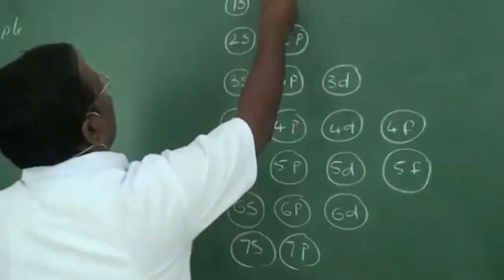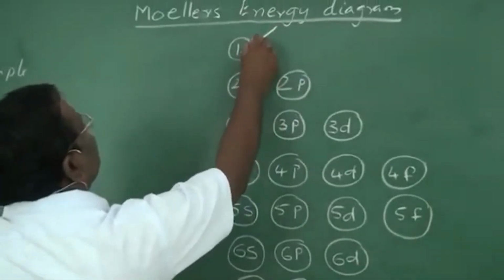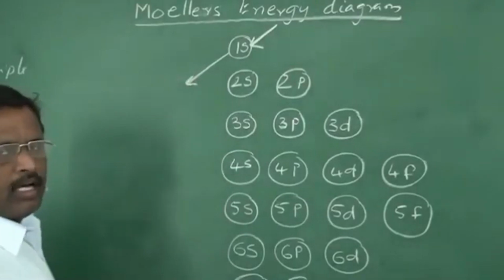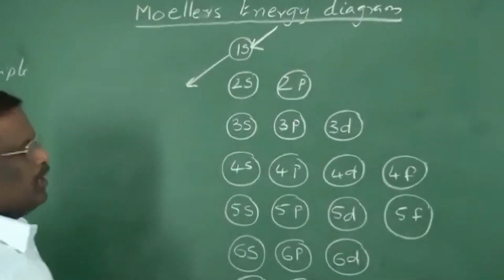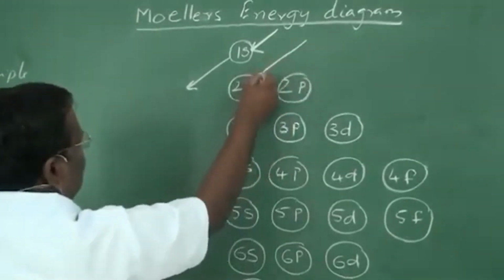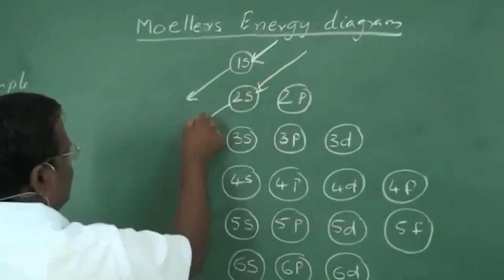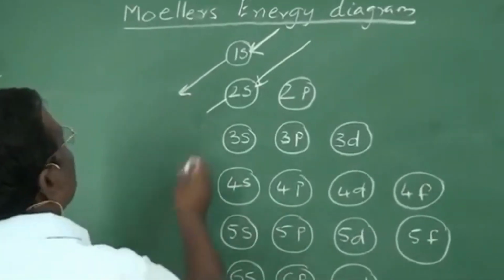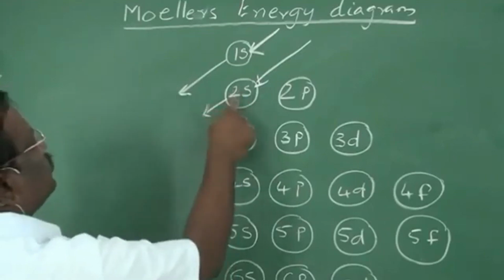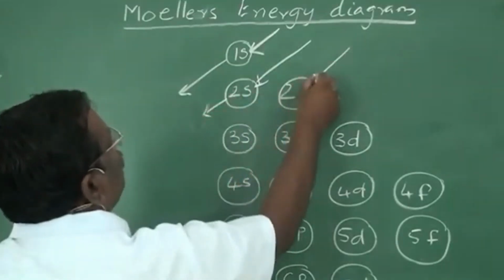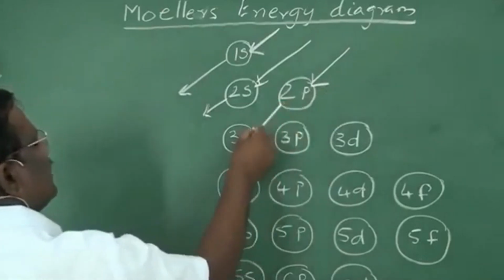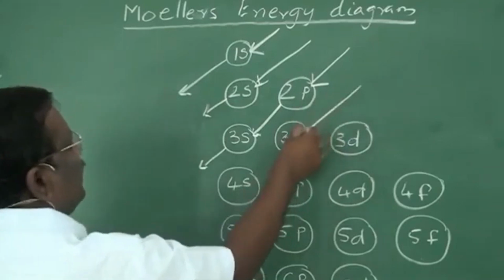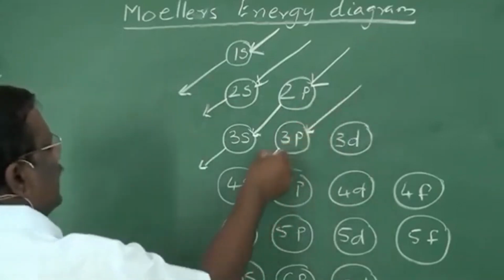Now, electrons first enter 1s. That is the orbital to be filled first. Next, in the second stage, the electron will enter 2s. After filling this 2s, the electron will enter the 2p orbital, then 3s. After filling 3s, the electron will enter 3p, then 4s.